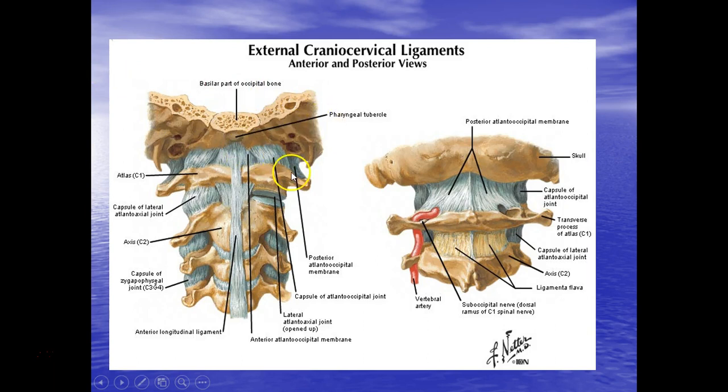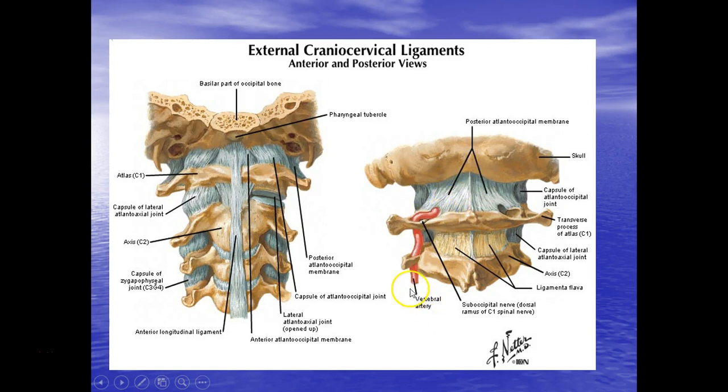And then the joints, the capsule of the atlanto-occipital joint is located immediately posterior to this membrane on this view here. And this is the posterior view, the posterior atlanto-occipital membrane.